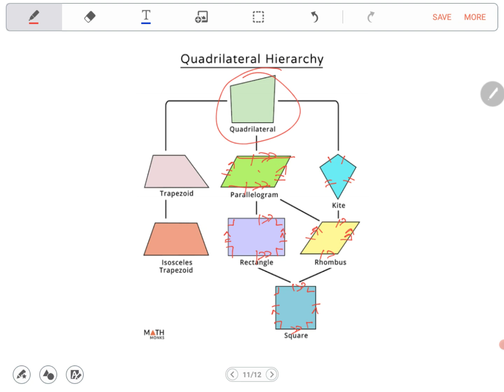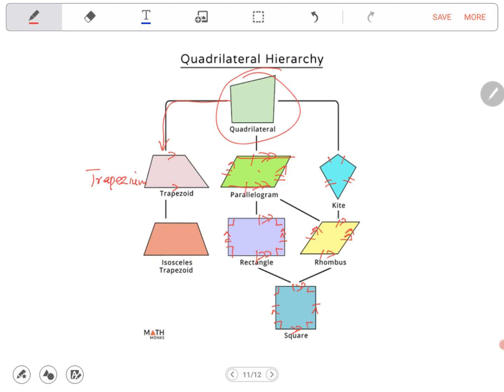Then next we have the trapezium, which is called a trapezoid. We will stick to the name trapezium. This one is simply a trapezium and it will have two sides being parallel.